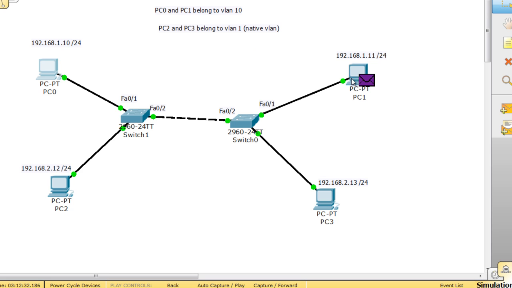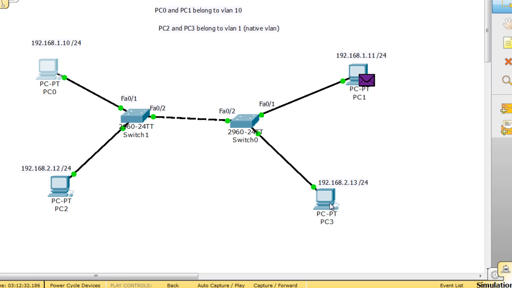Okay, so that's the concept I'm trying to explain to you for the 802.1q tagging. So for the native VLAN, in order to understand the native VLAN, I told you the native VLAN doesn't have a tag. So when this PC belonging to the native VLAN, which is VLAN 1, sends a frame, the switch will know that this frame doesn't require a tag.